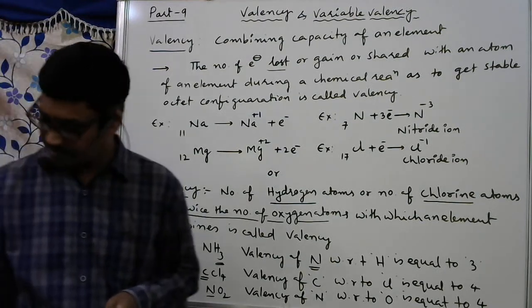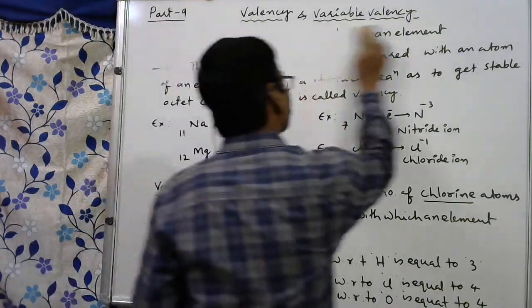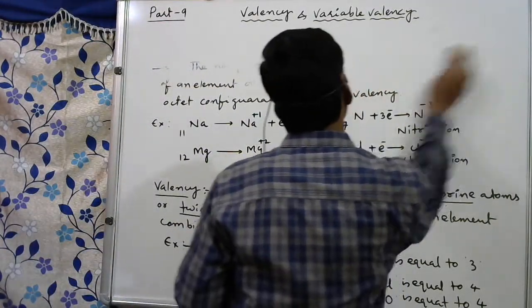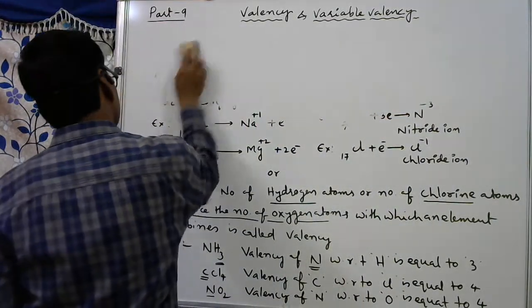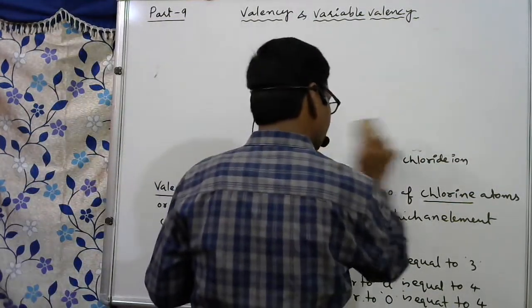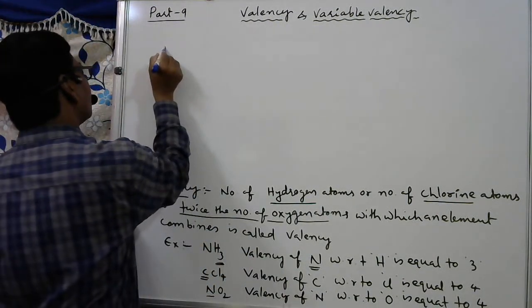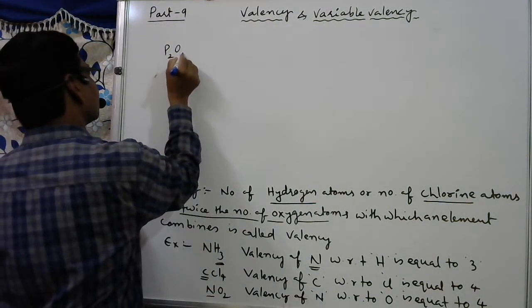I'll give some more examples here. For example, phosphorus pentoxide. In phosphorus pentoxide, the number of oxygen atoms is 5. See here, I am writing the compound P2O5.